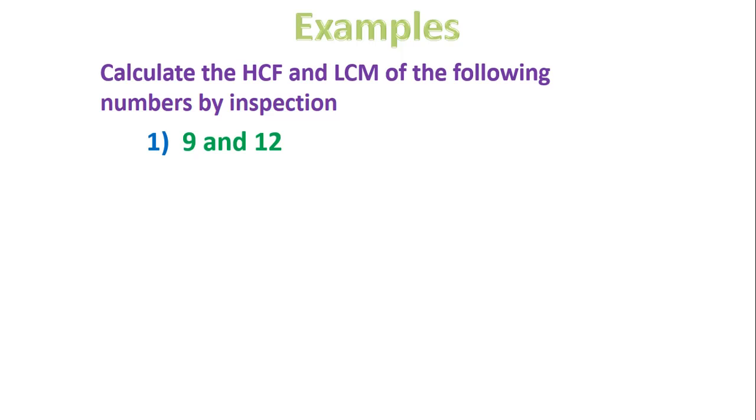Does 5? No. Does 6? No. 7? No. 8? No. 9, does 9 go into 9? Yes, it does. Does 9 go into 12? No, it doesn't. So, my HCF is 3 because 3 is the highest number that goes into both 9 and 12.